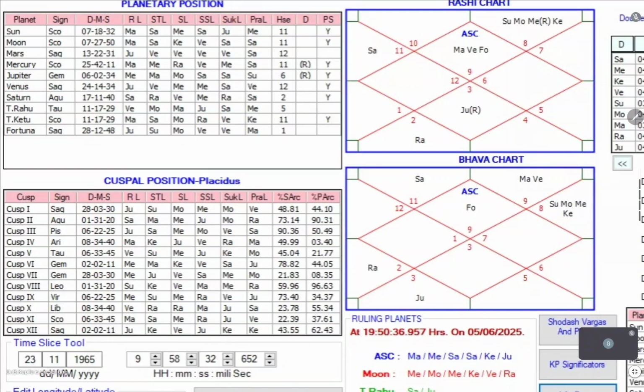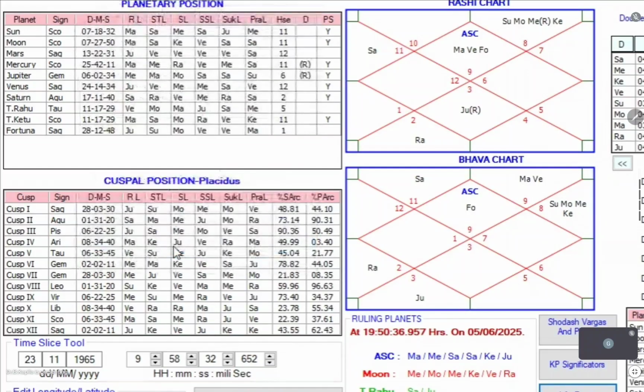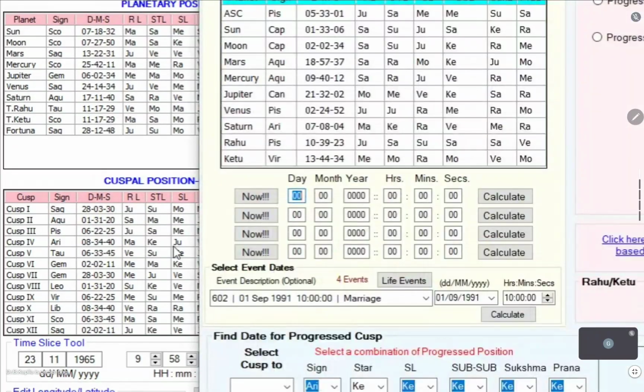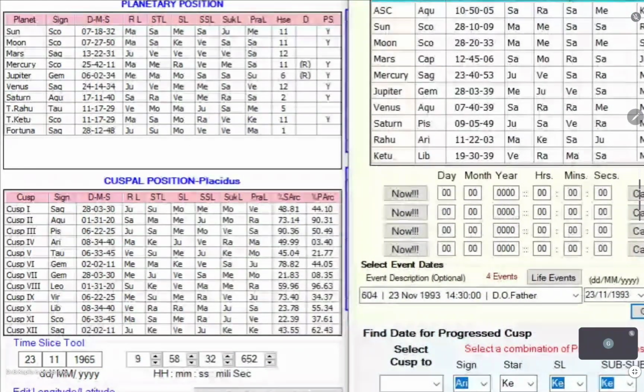What are the various conditions that we have to really look for in order to verify and justify the event of death? The first important point that we need to focus on is that we will have to look for the progress of the ascendant.